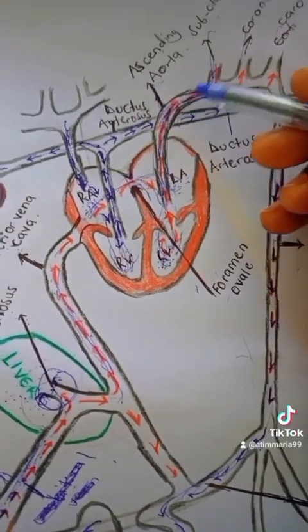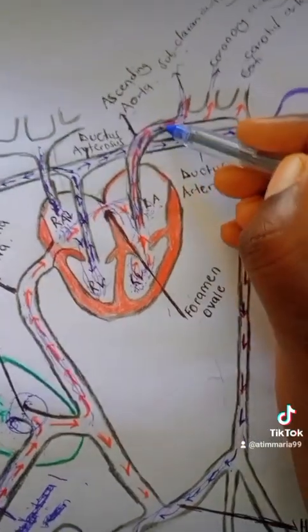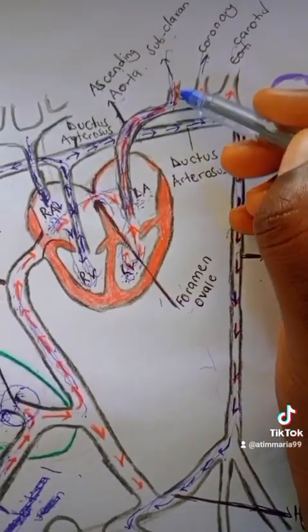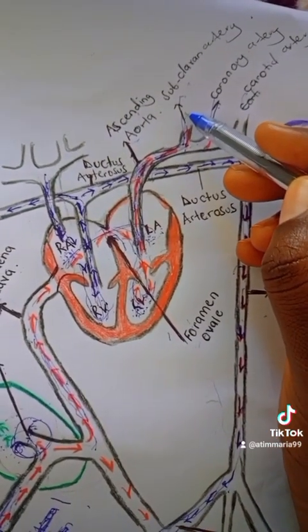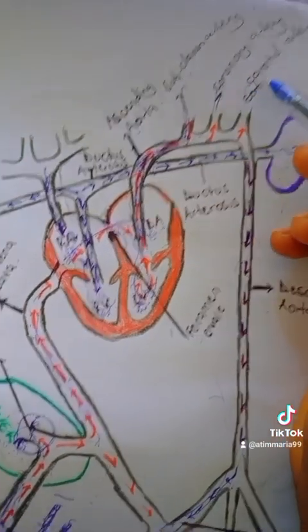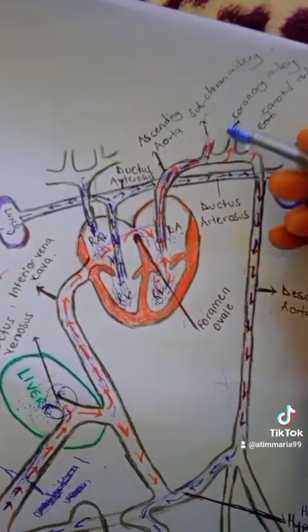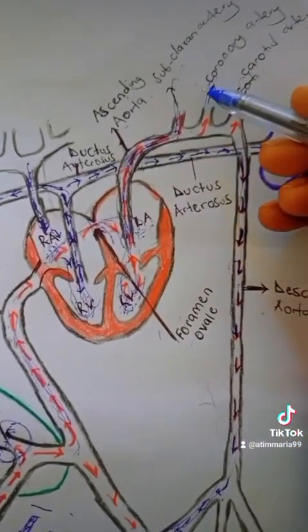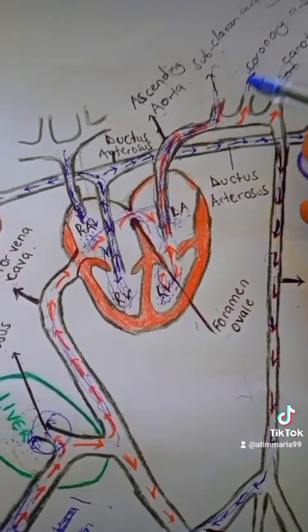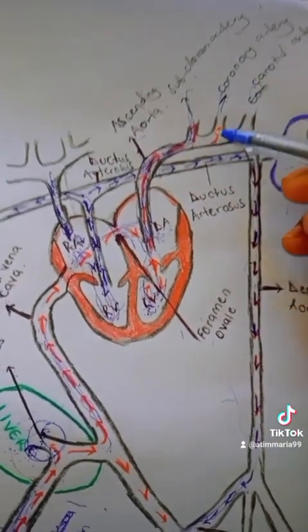It flows through the ascending aorta and supplies three arteries: the subclavian artery, the coronary artery, and the carotid artery, to supply the brain of the fetus and the upper limbs of the fetus. That is the hands.